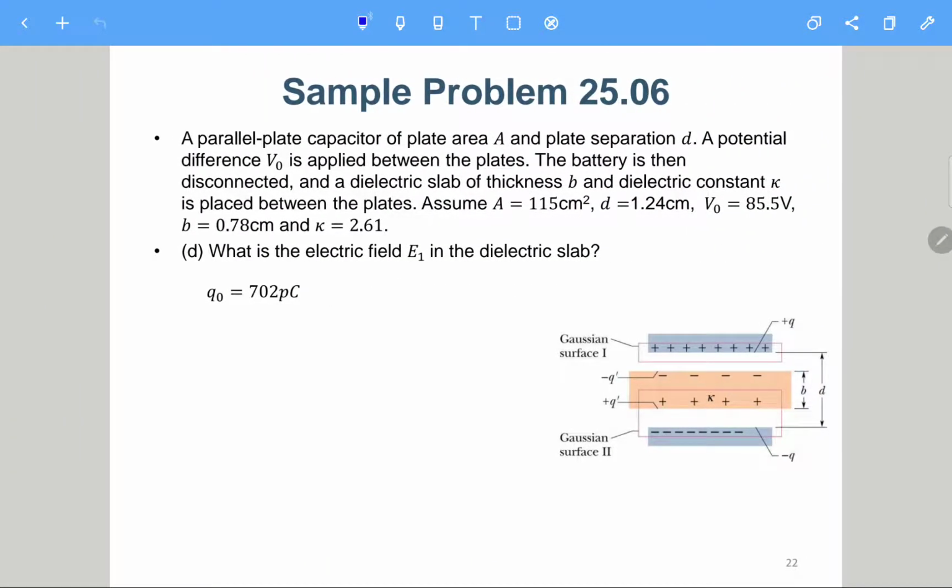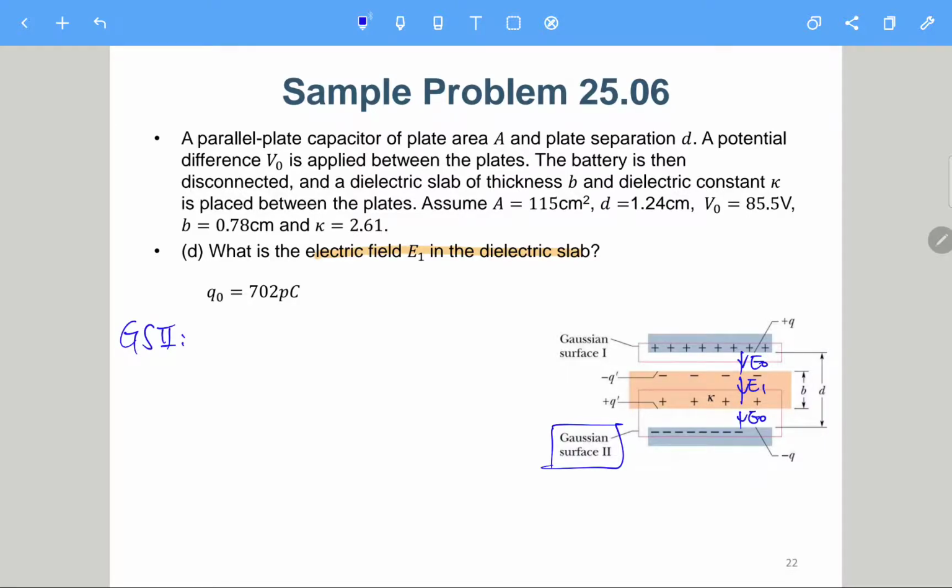So next one, what is the E field E1 in the dielectric slab? So just now we have E0 here, E0 here. It asks you what is E1 inside the slab. So here we apply the Gauss law to GS2.